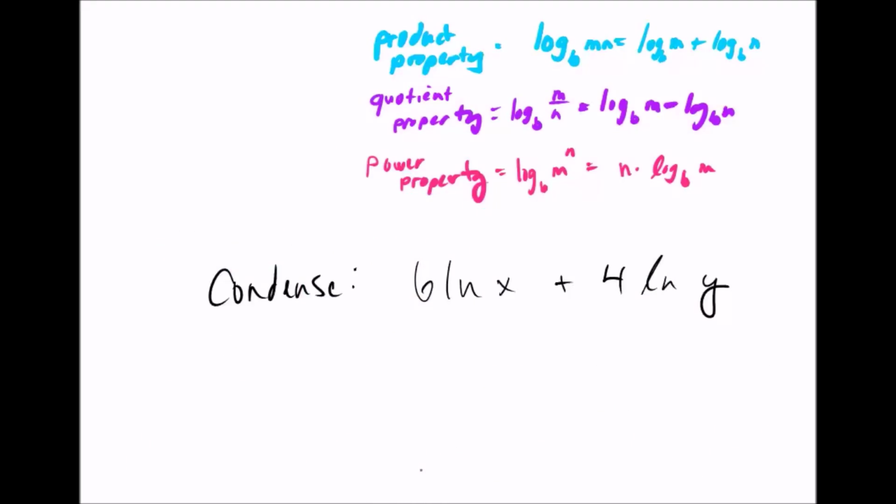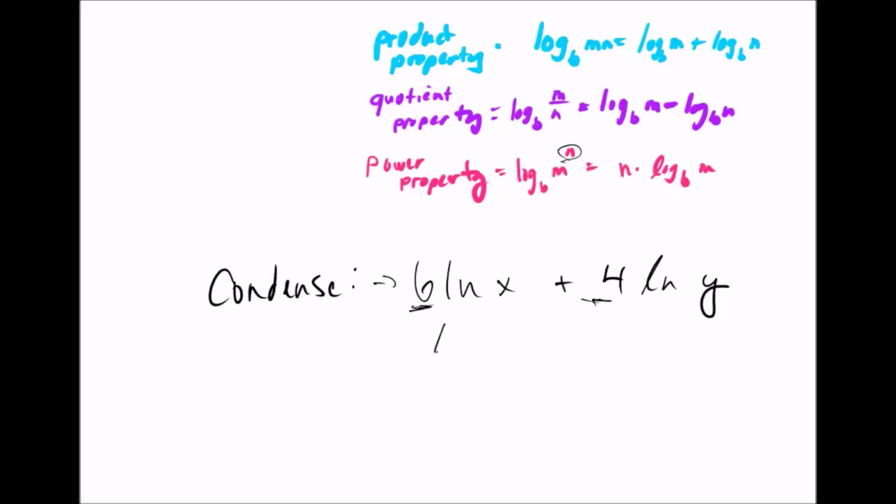There will be some problems that say condense, and this is just the opposite of expand. We need to figure out where they got this formula from. First, if you see a number out front, you know that they used the power property to take that exponent and put it out front.